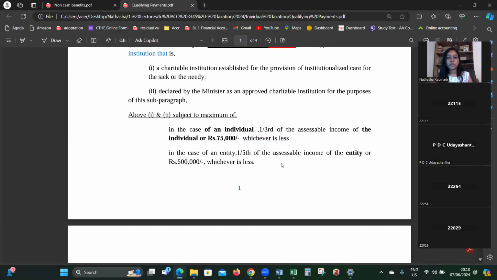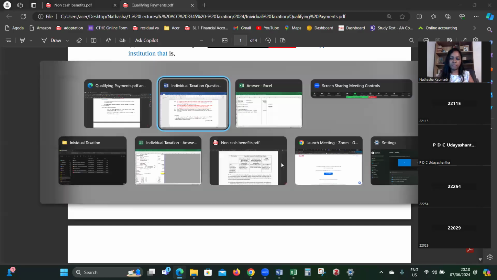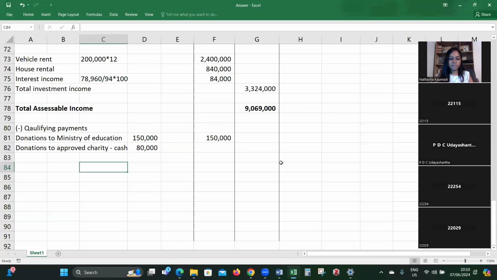Take 1/3 of the assessable income. Assessable income is this amount. 1/3 means divided by 3.